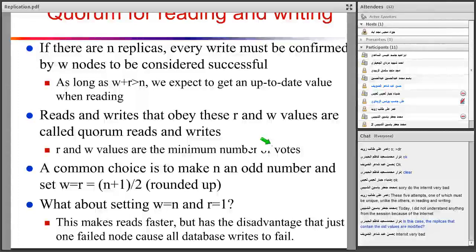We know that R and W values are the minimum number of votes.